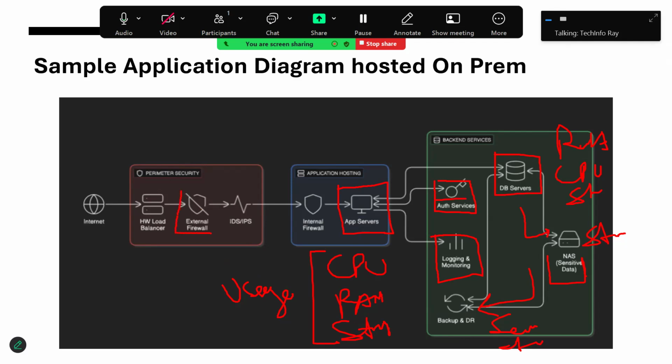If these are hardware firewalls, you need to understand the configuration of these firewalls also, right? How many connections are there from the firewalls. All these details are really, really important to gather, based on which you can decide the target components on AWS, which is very important, right?